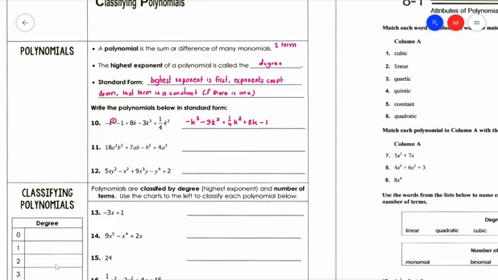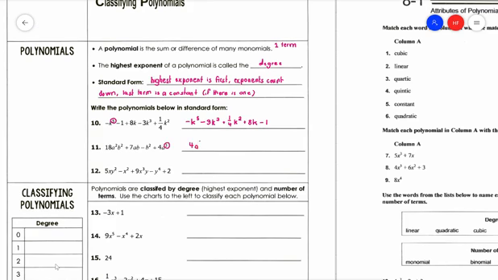Make sure that when we're writing it in standard form, we're keeping the coefficients with the terms. Now on number 11 and on number 12, we have two different variables. So when we have two different variables, it gets a little tricky. We want the highest exponent first, which looks like it is a 3.